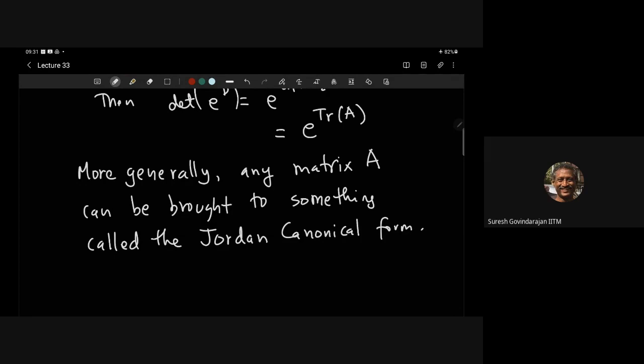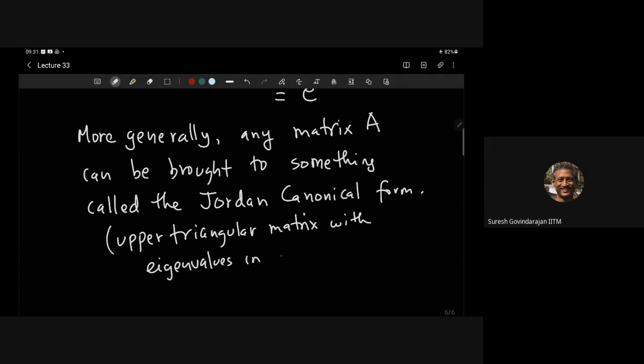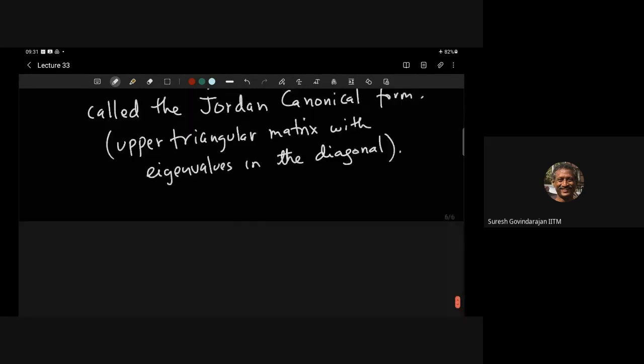In some convention, this is an upper triangular matrix with the eigenvalues on the diagonal. So when you take the determinant of that, again it comes back to this thing. The same formula holds.